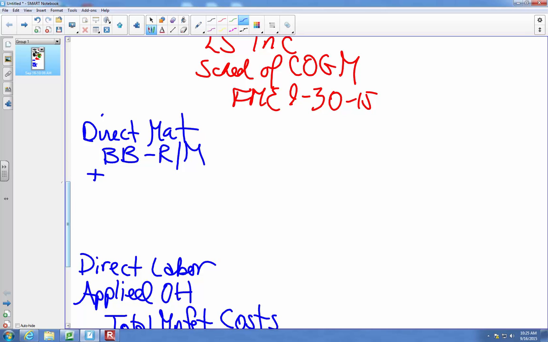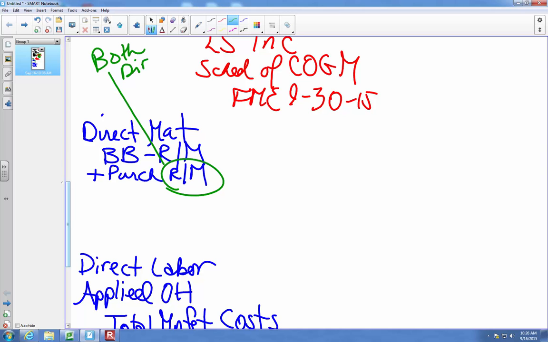So then I'm also going to do what during the period? I'm going to purchase more, aren't I? I'm going to get more fiberglass bodies, more gaskets, more O-rings. So I'm going to purchase some raw materials. And make sure somewhere in your notes that you're mindful that this is both direct and indirect.